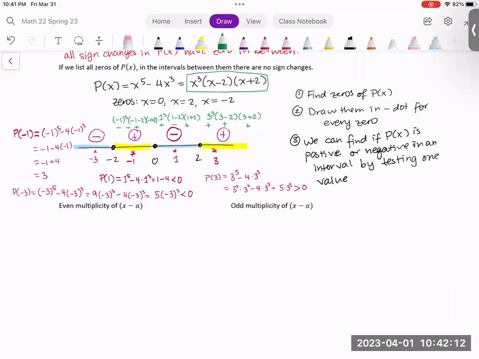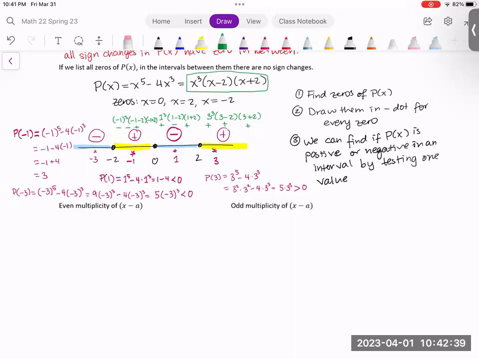So in general, it's not too bad to write out what the behavior of our graphs is going to look like if the multiplicity of a zero is even or if it's odd.